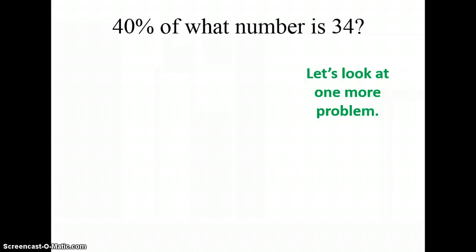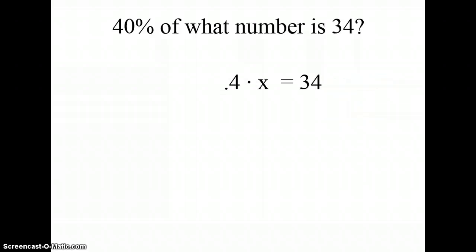One more problem. 40% of what number is 34? Let's look at what we have. I have 40%, but I need to turn that, using Dr. Pepper, from a percent to a decimal, which means I need to take that decimal and move it to the right, and I always move it twice because 100 has 2 zeros.